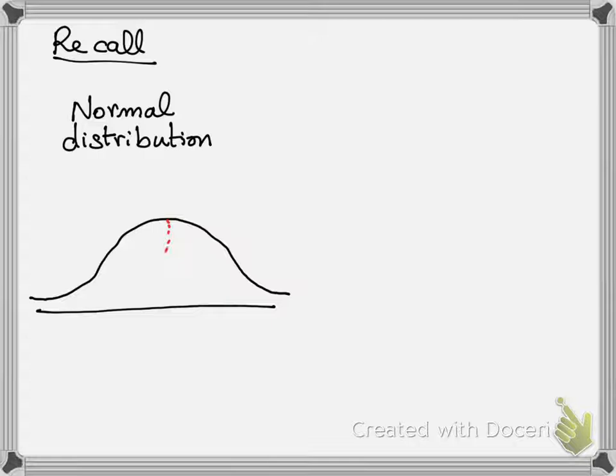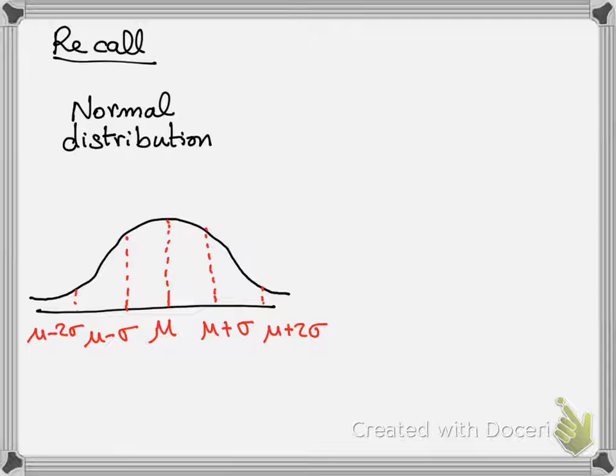The highest point is at the mean. Here's the mean. Then here, this is mu plus sigma, the standard deviation. Here, this is mu minus sigma. Here, say this is mu minus 2 sigma, and finally, here it's mu plus 2 sigma.